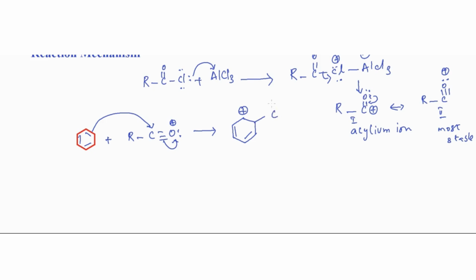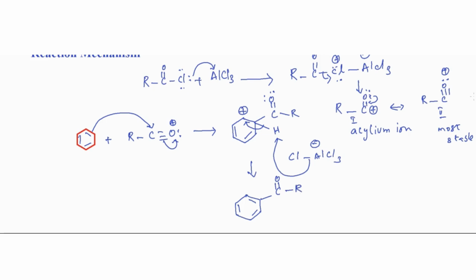And the AlCl4 will go and take this hydrogen, and that hydrogen donates its electron, and finally we will get this one. So this is the Friedel-Crafts acylation reaction.